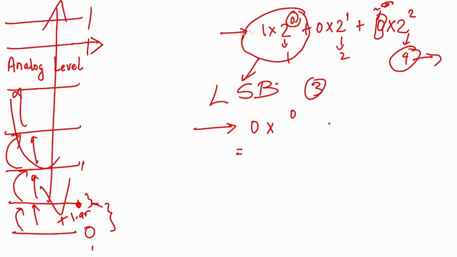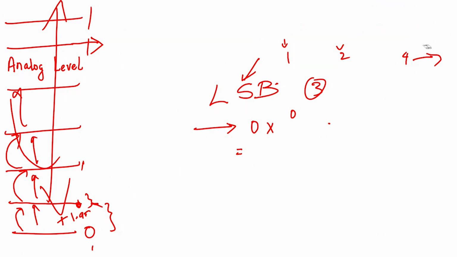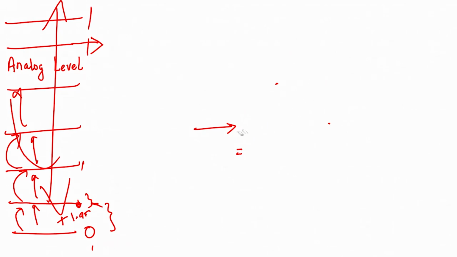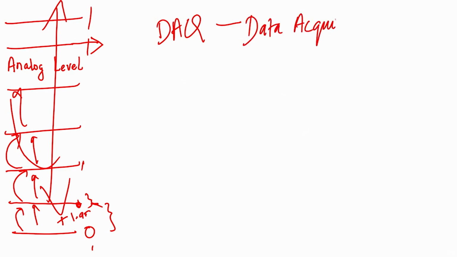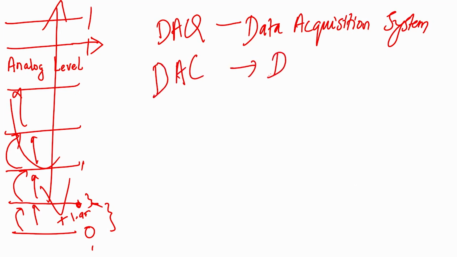And we told you that in this session we are trying to see digital to analog conversion, DAC, as we usually call it. There are 2 types of DACs, please mind. There is one thing called DAQ, which is a data acquisition system. And then there is DAC, digital to analog converter.